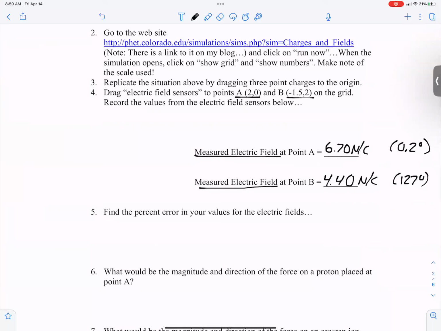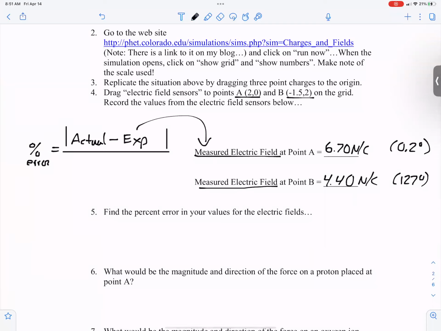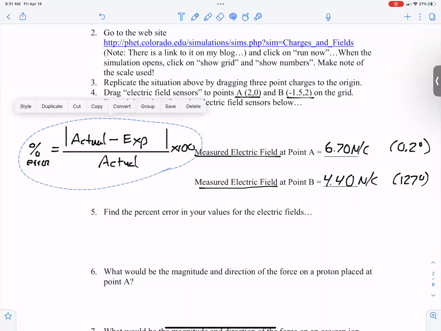The percent error calculation, in case you forgot, is taking the absolute value of the actual value, in this case the actual electric field magnitude, that would be the calculated one, minus the experimental, that's the measured one, divided by the actual calculation times 100. Okay? So we're going to put this into our calculation twice.